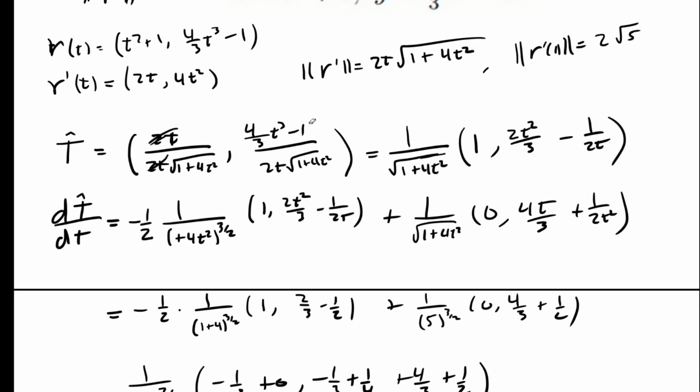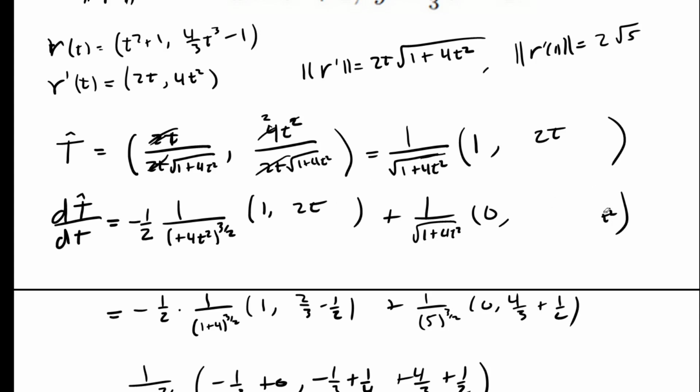So here I plugged in r instead of r prime. So this actually should have been 4t squared. So those cancel and makes this a lot simpler. So I factor that out and we get 2t. Oh my gosh, that means so much of this is wrong. This is going to be 2t, and this will just be 2.